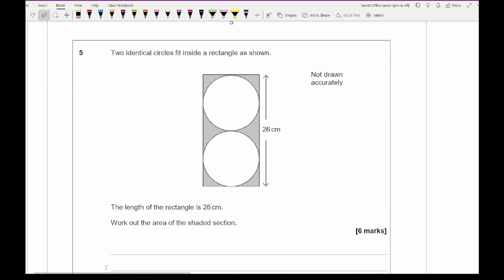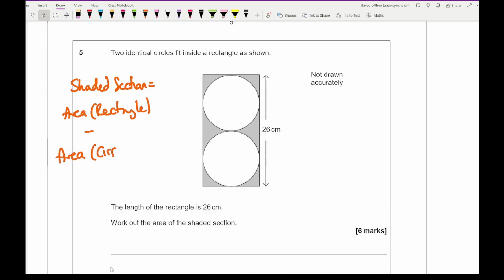Moving on to question 5, it says two identical circles fit inside a rectangle as shown. The length of the rectangle is 26 centimeters. Work out the area of the shaded section. So for this, the shaded section is equal to the area of the rectangle minus the area of the circles times 2.